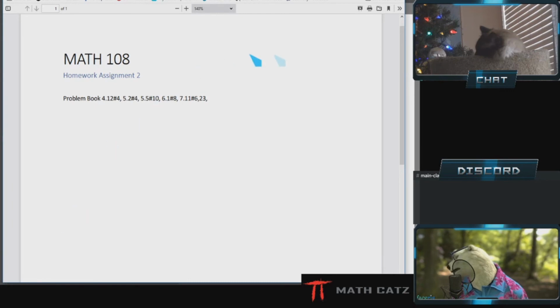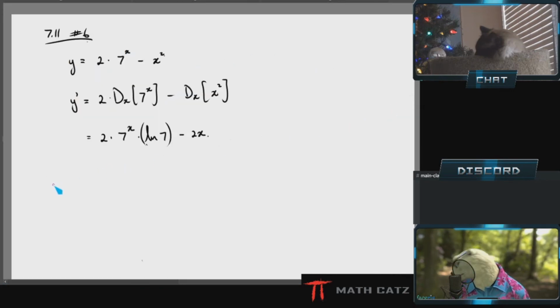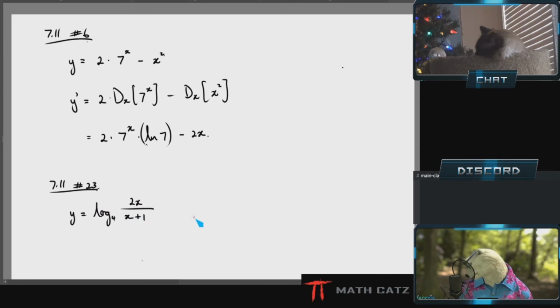Number 23. I'm just going to write it down. It is a little log action. Y equals log base 4 of 2x over x plus 1.